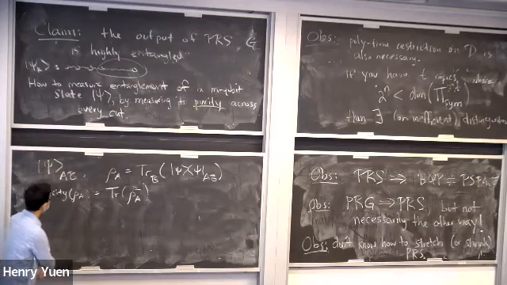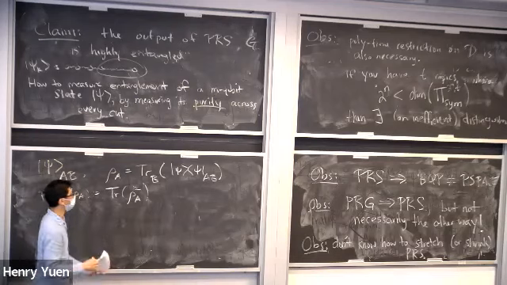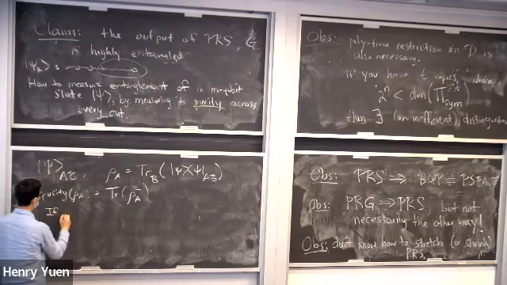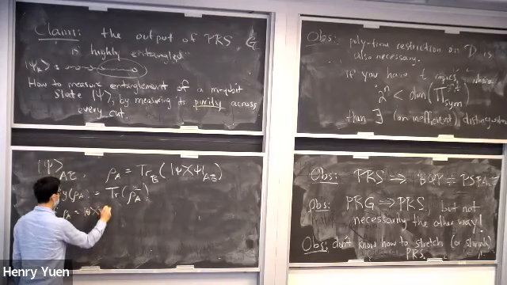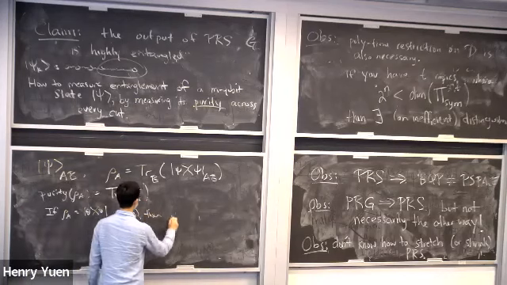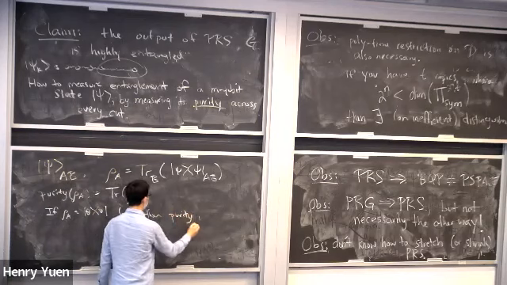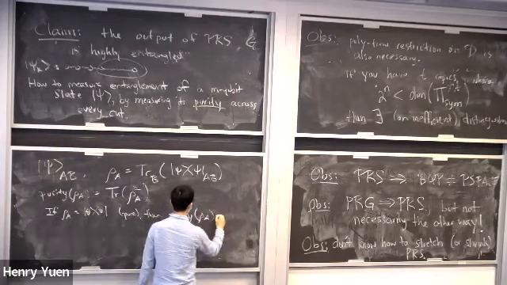So what does this measure? If rho A were actually a pure state, then this quantity would be 1. The purity of rho A is going to be 1.